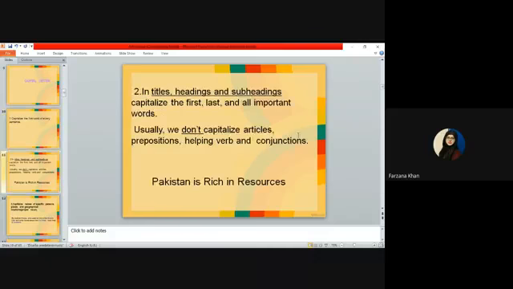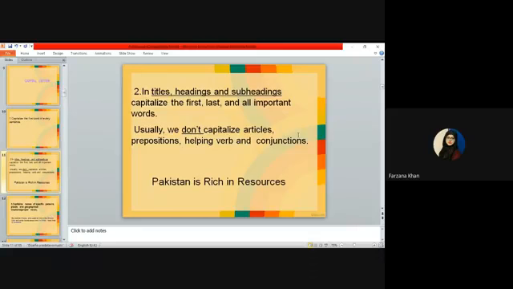Well, the second rule of capitalization is about titles, headings, and subheadings. Usually students make a lot of mistakes while writing titles in assignments and academic papers. It's very important to understand how to write titles, headings, and subheadings.